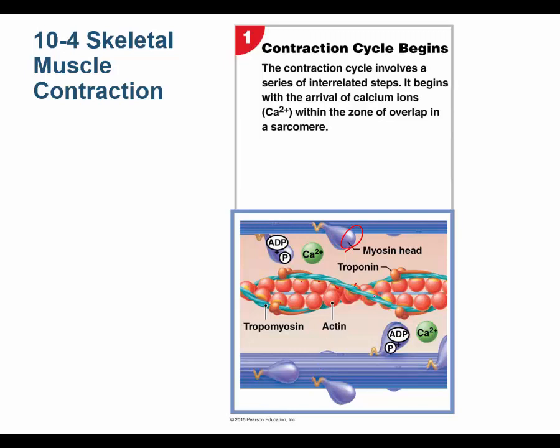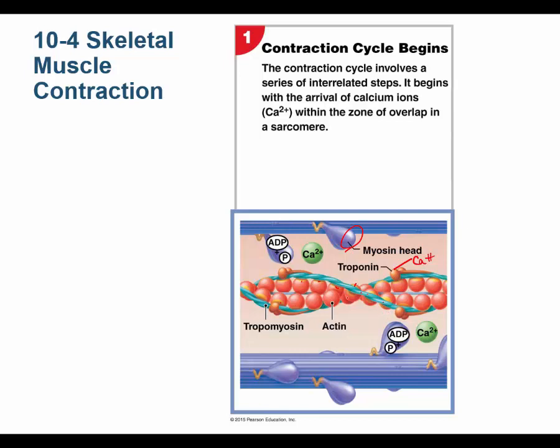One way you can do it is to have calcium bind to the troponin, and the calcium-troponin complex changes shape. And as it turns out, the troponin is hooked to this turquoise tropomyosin. So when the troponin changes shape, it drags the tropomyosin out of the way of the myosin head binding site.